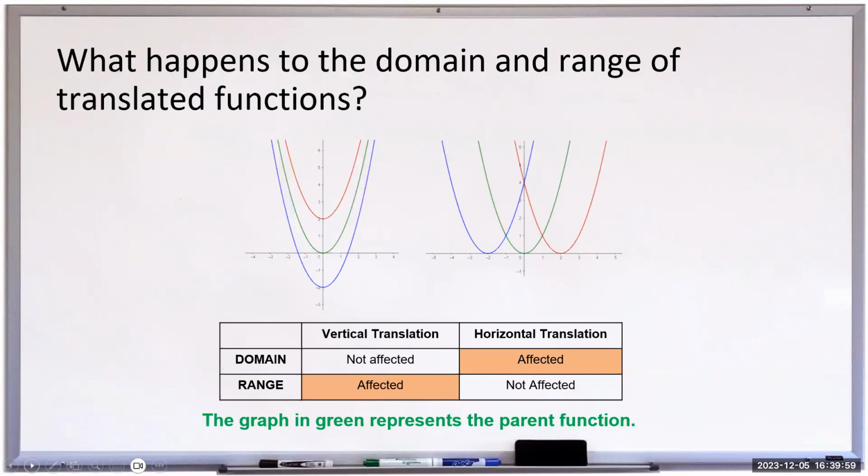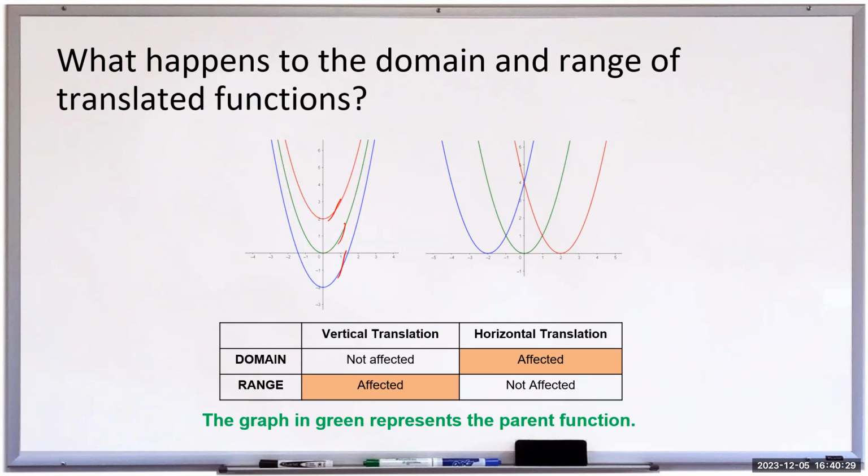So what happens to the domain and range of translated functions? If we look at the vertical translation, the domain of the transformed functions remains the same. So there is no change in our domain. However, if you look at the range, the range of the green function and the red one and the blue one are different from one another.